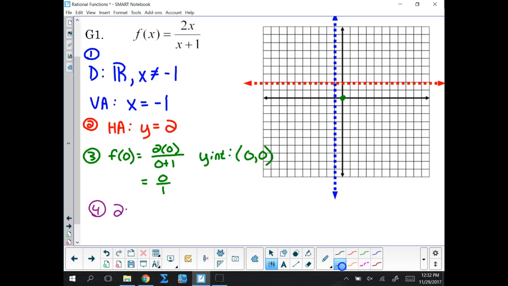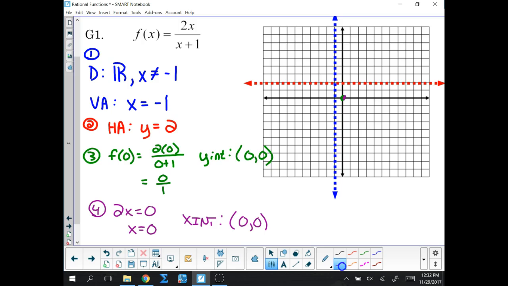So that's 2x equals 0. So that's x equals 0. So my x-intercept is also 0, comma, 0. So I'll make my point. Okay? So that's my 4 steps.